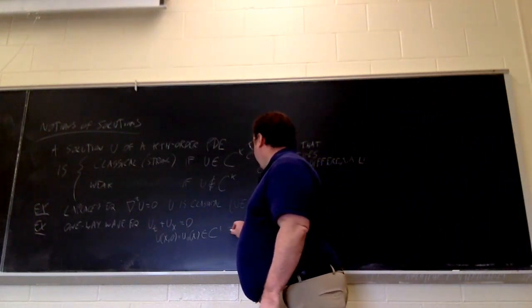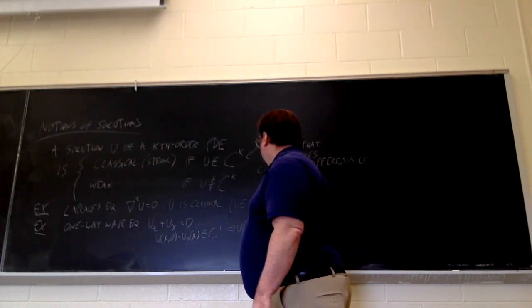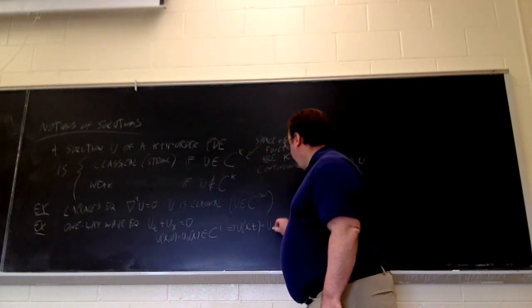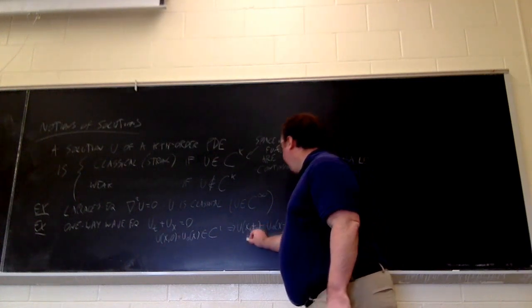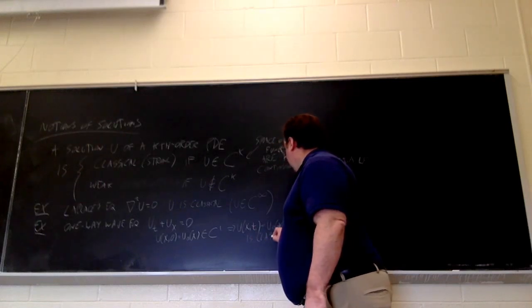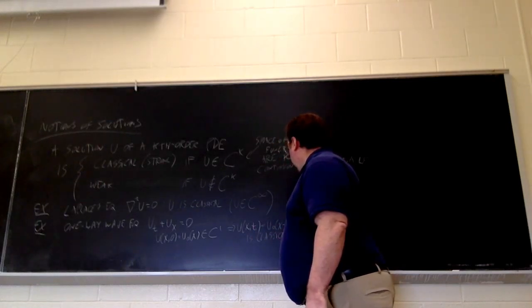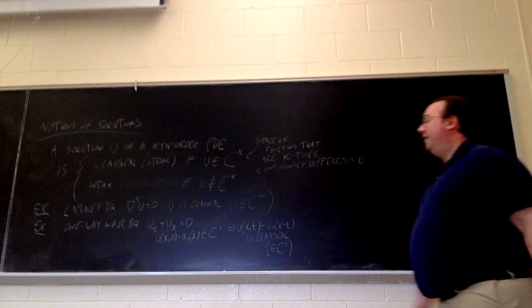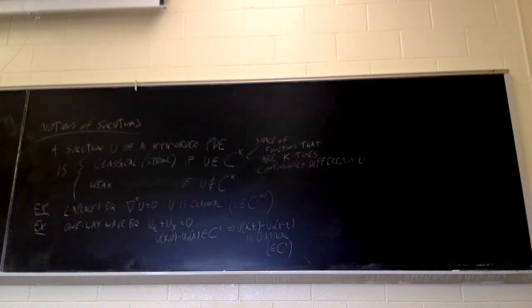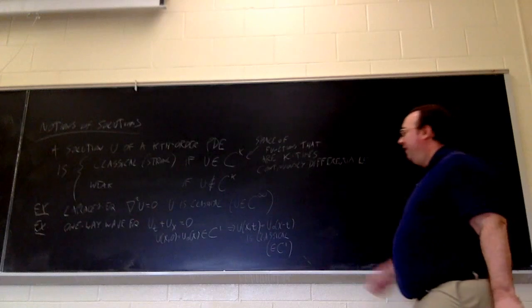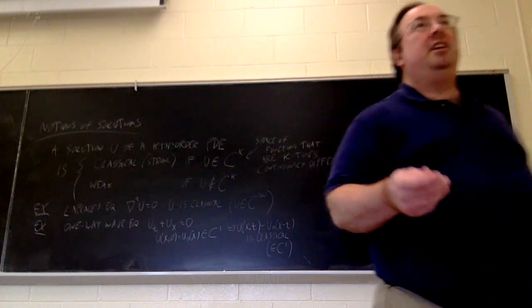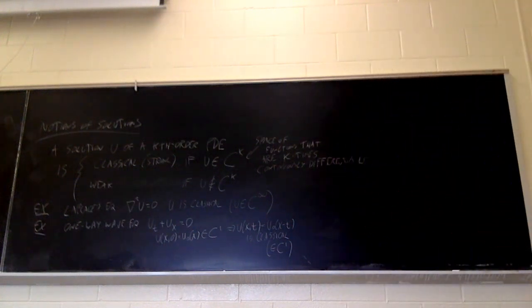In that case, whatever solution we get, u(x,t), which in this case we know what it is, I mentioned it last time, it's u naught of x minus t, is classical. In other words, it belongs to C1, just because you're taking a shift of a C1 function that is also C1. And because the PDE only has first derivatives in it, being C1 is enough to have a classical solution.